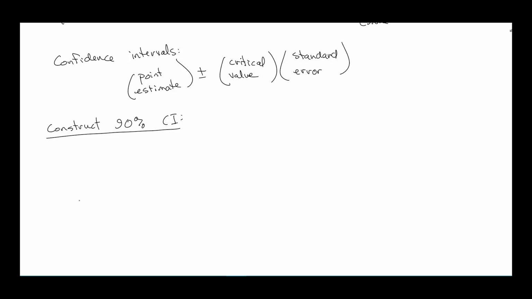So let's do a little sketch. I always make a sketch. Okay, so here's my sketch. What is my alpha going to be? My alpha is going to be 1 minus 0.90, which is 0.10, right?